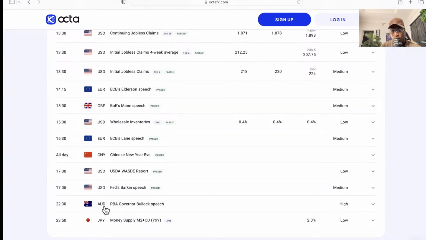And aside from that, we also have the speech from the Reserve Bank of Australia coming up today at 10:30. And this is going to impact the Australian dollar. One of the reasons why you should pay attention to the speeches by the governors of the central banks of different countries is because they make some really important statements that relate to their stance on monetary policy, right? Are they increasing the interest rates?